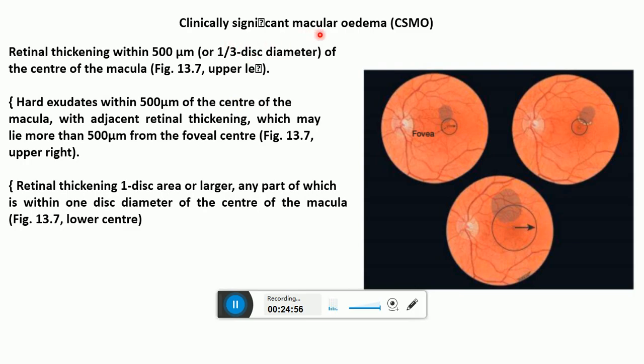Clinically significant macular edema is defined in the ETDRS as retinal thickening within 500 micrometers or 1/3 disc diameter of the center of the macula.